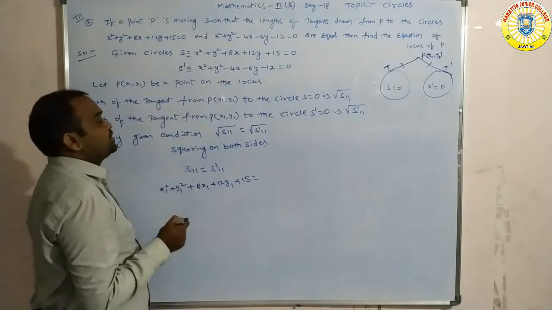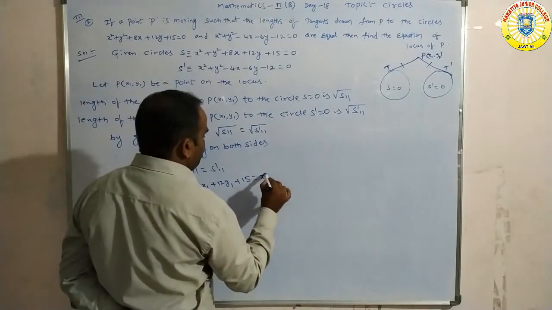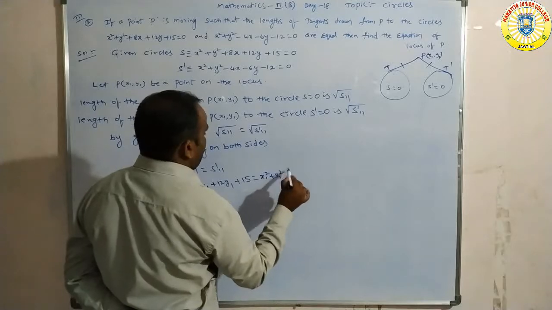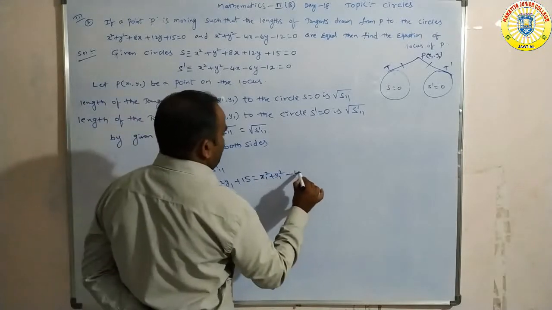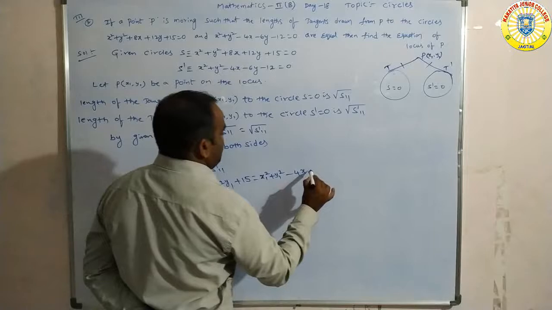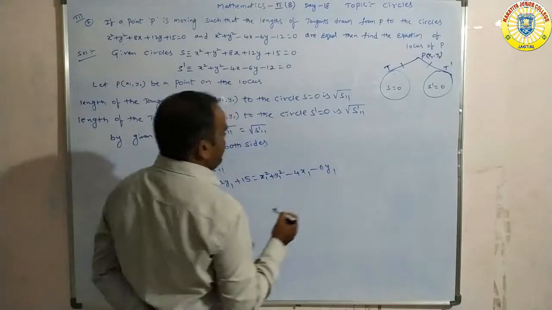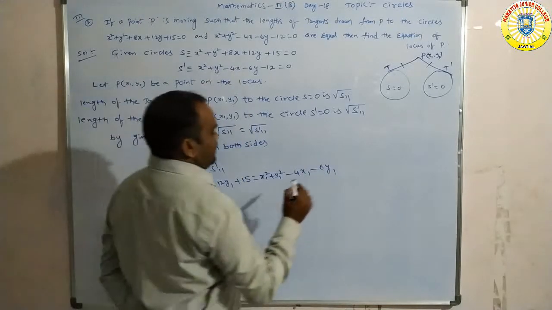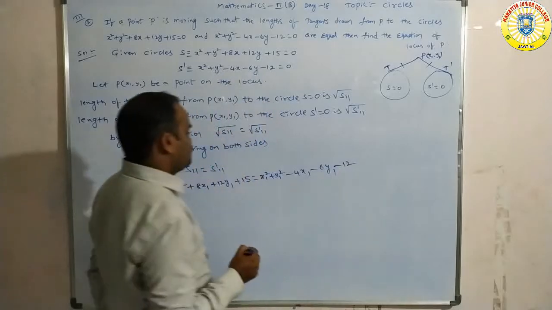What is the second circle? S dash 11 is x1 square plus y1 square minus 4x1 minus 6y1 minus 12.